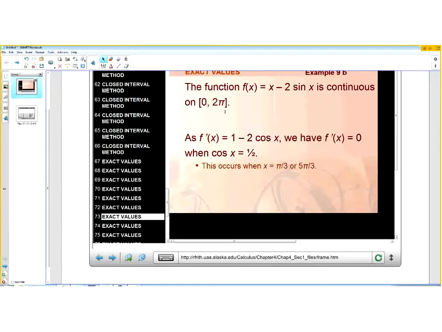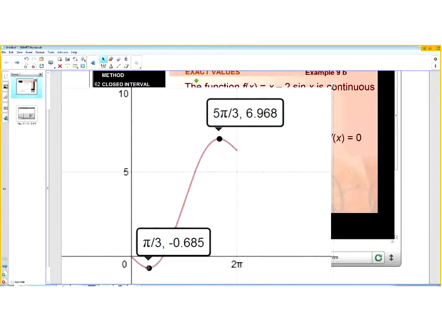We calculate its derivative, which is 1 minus 2 cosine x, and then we set the derivative equal to 0. And that happens when cosine x is equal to a half, at x equals pi over 3 or 5 pi over 3. So recall our picture right here. Calculus verifies our selections.